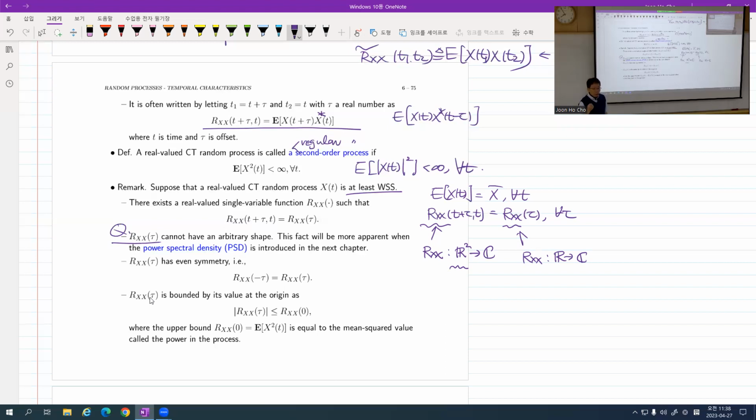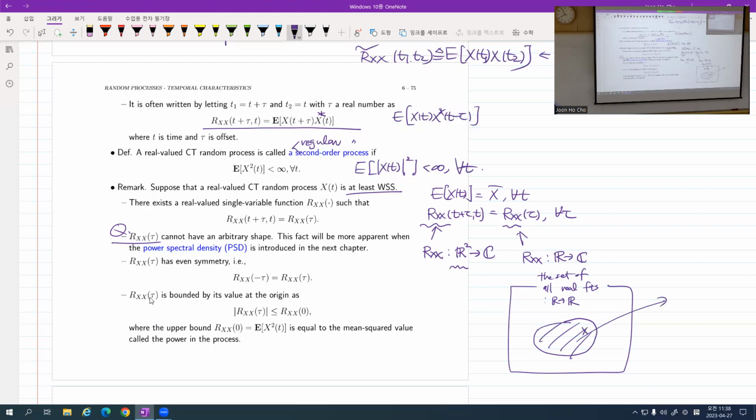Okay? And it is unfortunately hard to explain what kind of function can serve as an autocorrelation function. For example, suppose this is the set of all real functions from R into R, since x is real. Then there is a small subset of functions, and each element of this subset can serve as an autocorrelation function of a real valued, at least wide-sense stationary random process.